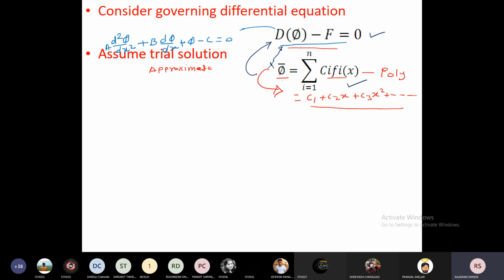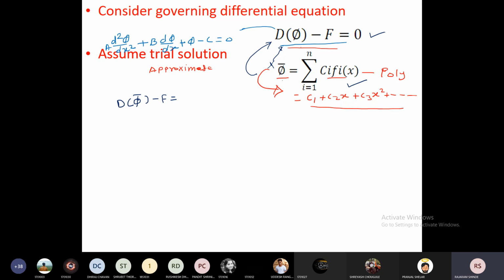If I write here d phi bar, where phi bar is my approximate solution, minus f, can I get 0? Can I get 0 on the right side?